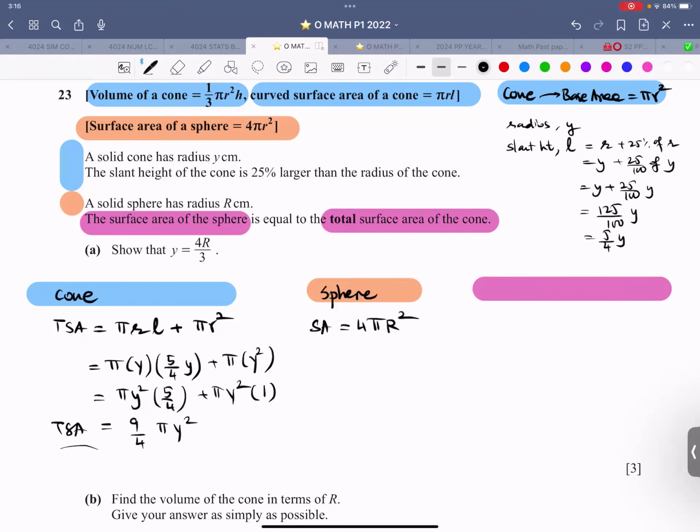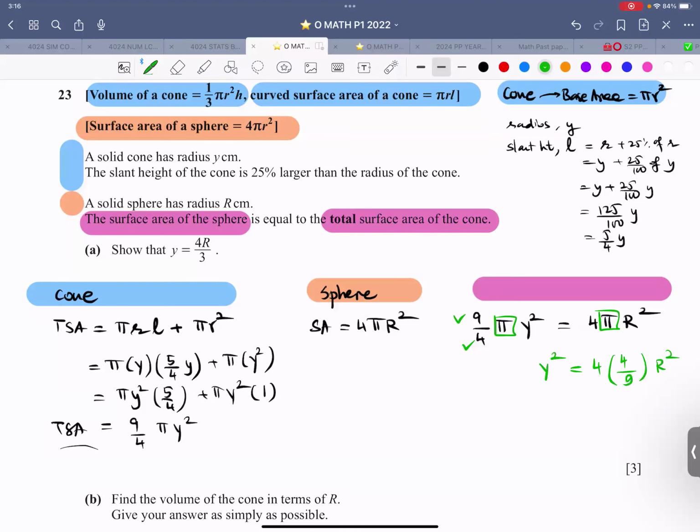Therefore, we need to make y the subject. 9 over 4 pi y square is 4 pi r square. Get rid of the pi. That's the first thing. Transfer the 4 and the 9 to the other side. So that's 4, that's 4, and 9 goes down.